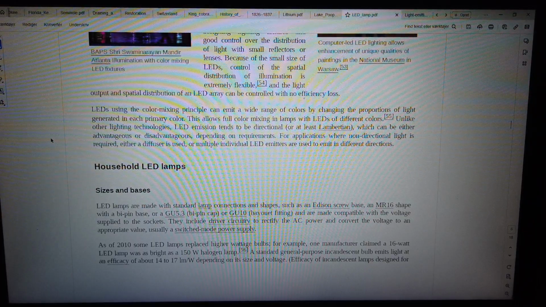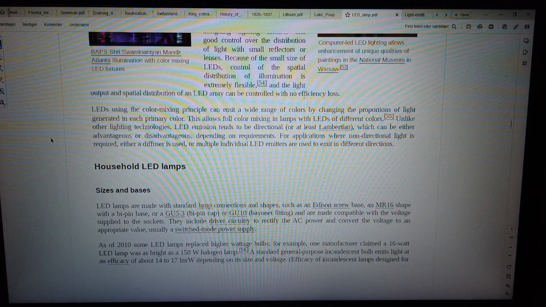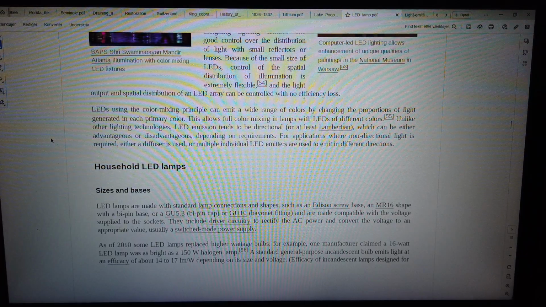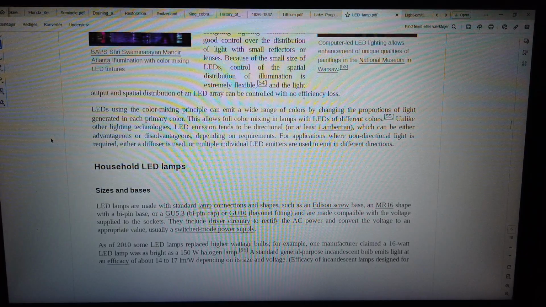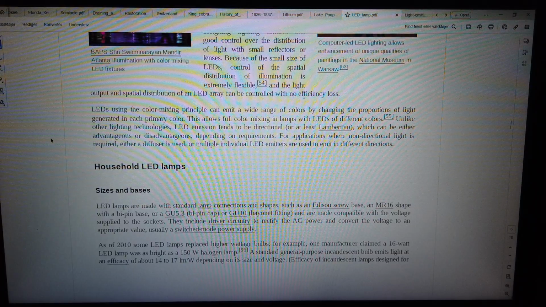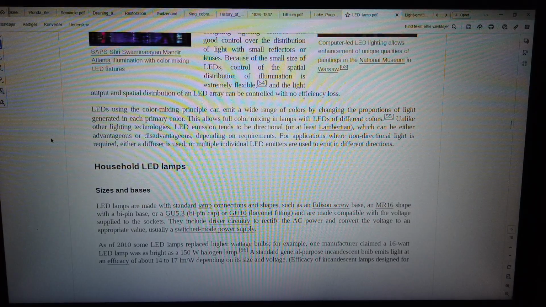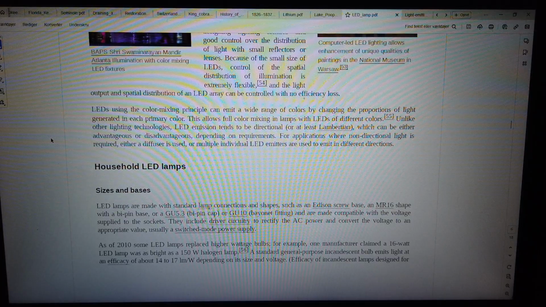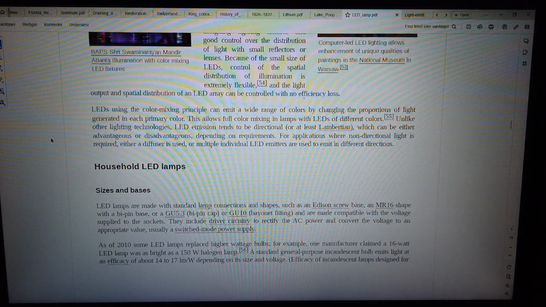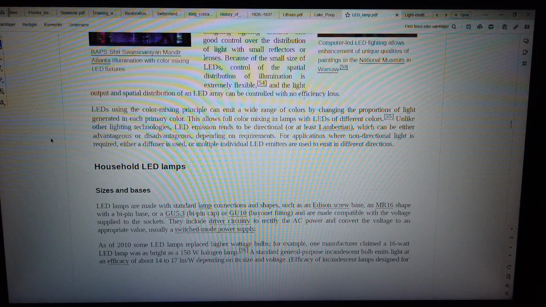They include driver circuitry to rectify the AC power and convert the voltage to an appropriate value, usually a switched mode power supply. As of 2010, some LED lamps replaced higher wattage bulbs. For example, one manufacturer claimed a 16-watt LED lamp was as bright as a 150W halogen lamp.